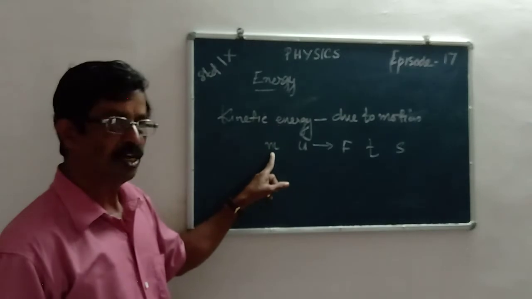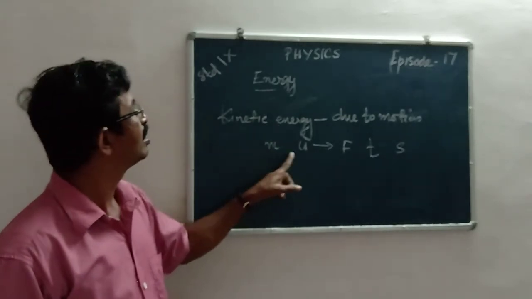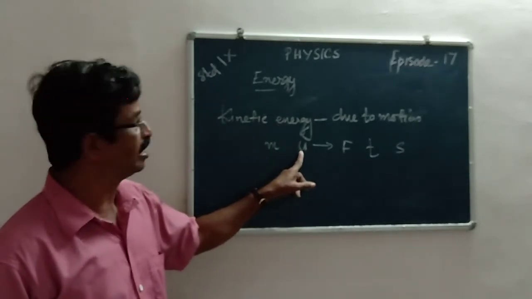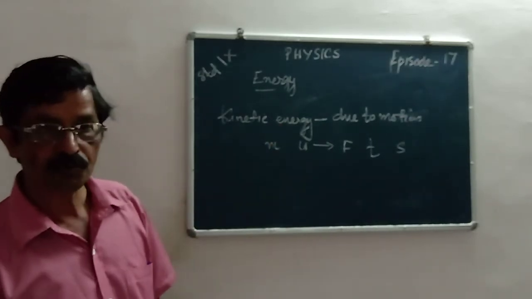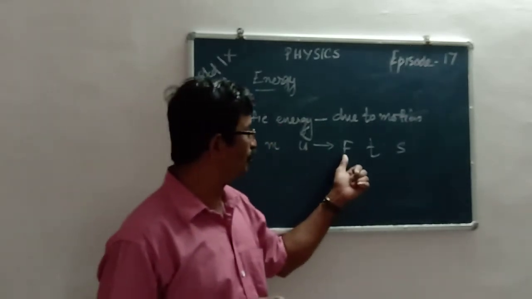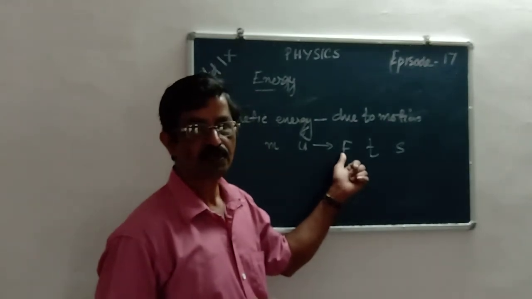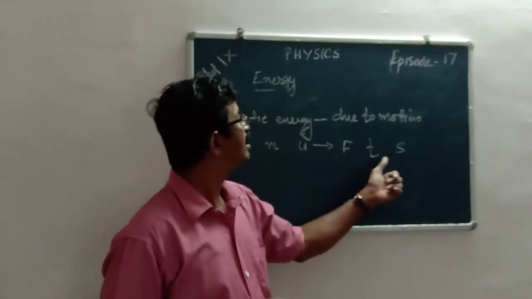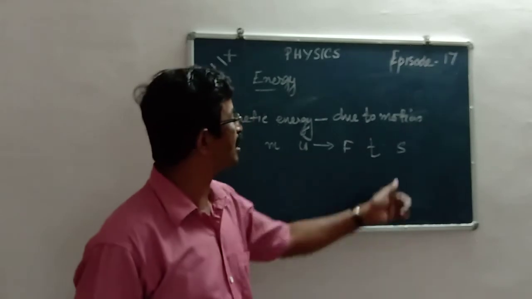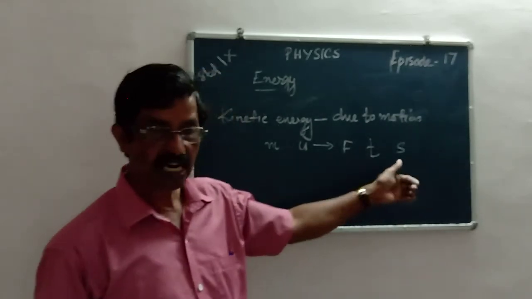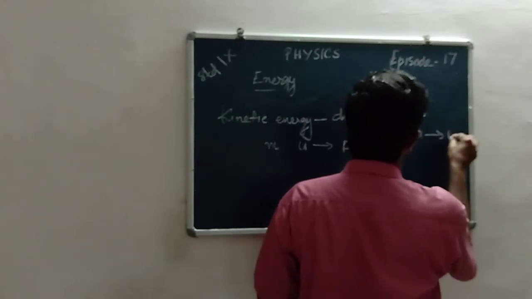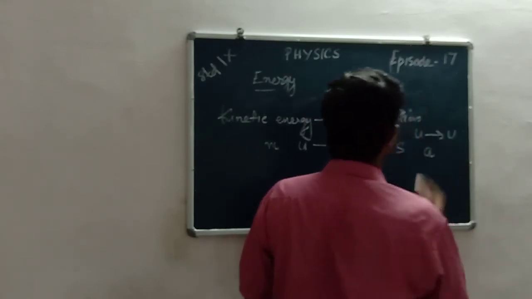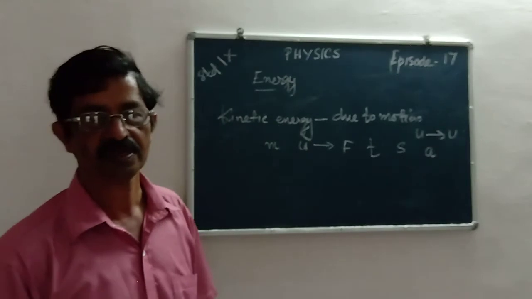Consider an object of mass m moving at a velocity u. Let a constant force F act on it for a time t. Then the displacement of it becomes S. Now its velocity u changes to v, and the acceleration produced is a.